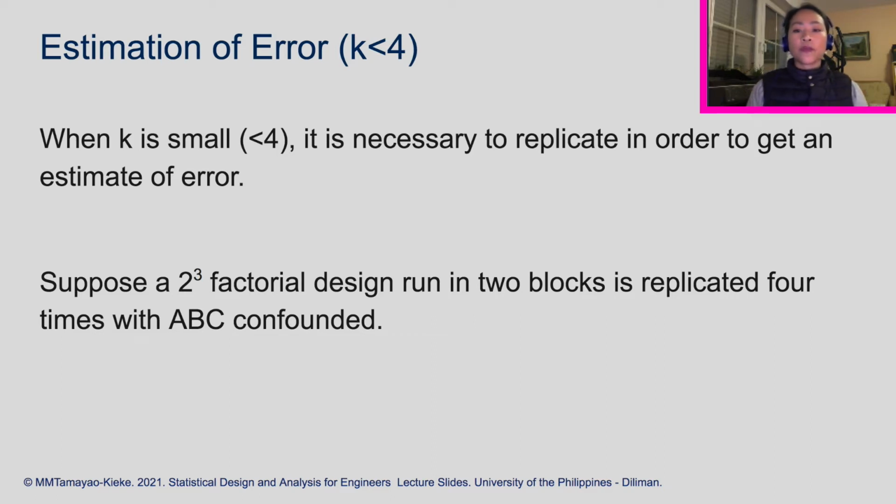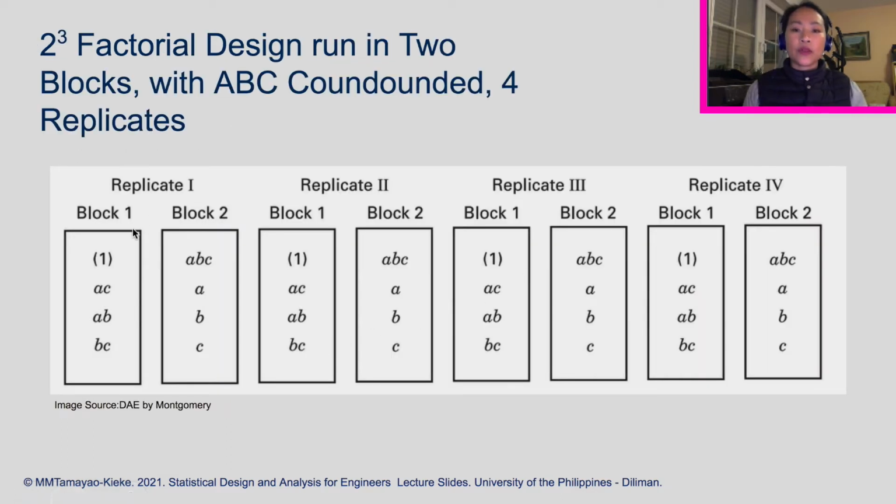Now, suppose you have a 2 to the 3 factorial design and it will be run in 2 blocks, and is replicated 4 times with ABC confounded. So this is how it would look like. This is a 2 to the 3 factorial design run in 2 blocks with ABC confounded and which has 4 replicates: replicate 1, replicate 2, replicate 3, and replicate 4.